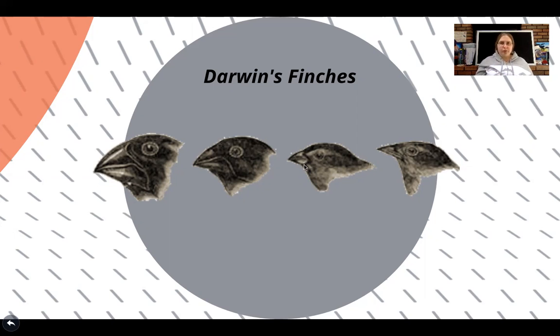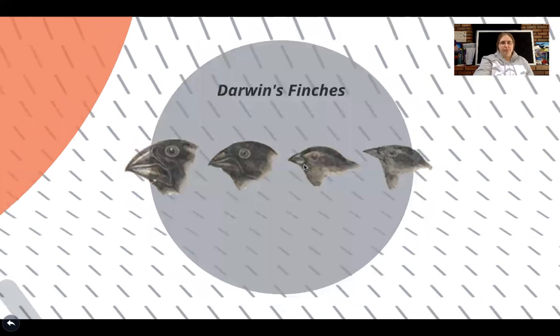So that was his observation: these birds come from different islands, and it appeared as if their beaks were tailored to their particular diet. That led to the conclusion that, once again, over time, there were adaptations or mutations that occurred, and those with the better adaptations were the ones that survived longer and led to the version of the finches that he saw on each island.